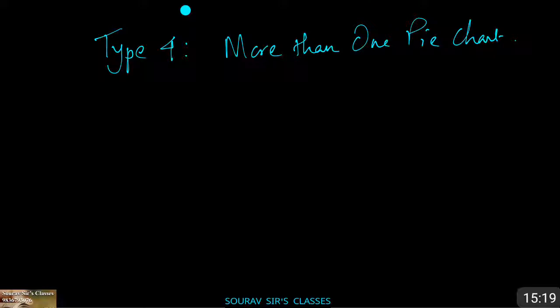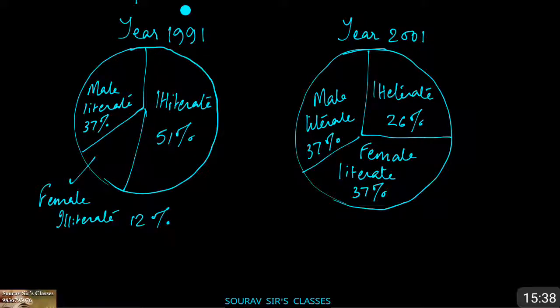The example below will make things easier to understand. The given pie charts show the proportion of literates to illiterates in India in the census for the years 1991 and 2001. It also shows the proportion of males to females among the literates. So the diagram here, the two pie charts, is the question.